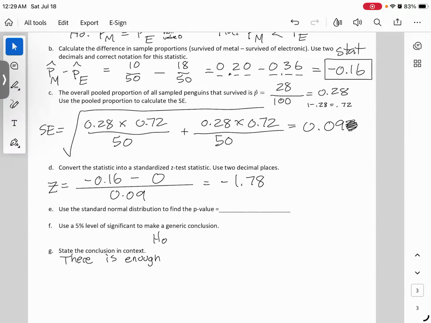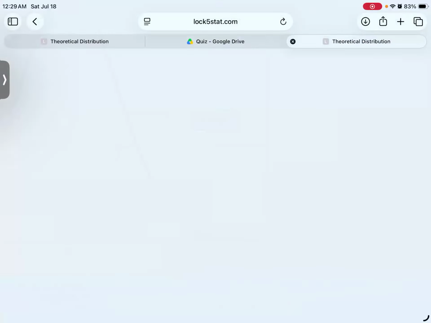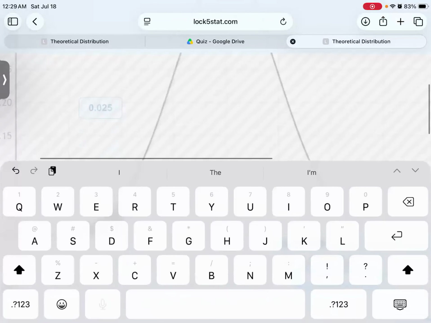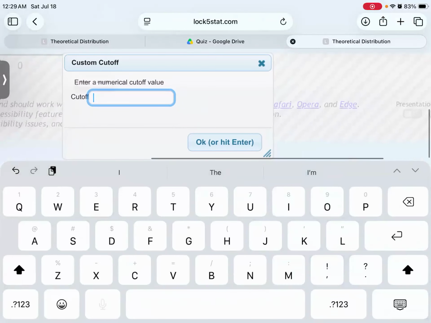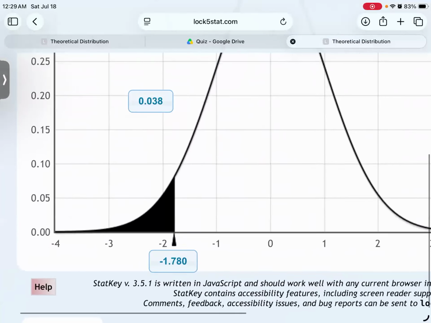And here we go. Let me go ahead and do the p-value. Again, I was just stalling there to give you a chance to do it. If you're still doing it, pause me because I'm about to do it. You're going to be doing left tail. And at the bottom left, you're going to click left tail because we're doing less than. You'll put your negative 1.78 and click OK.